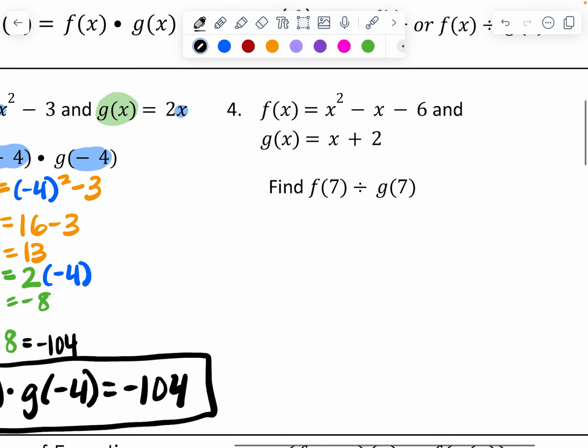Okay, number 4, f of x equals x squared minus x minus 6, and g of x equals x plus 2. Find f of 7 divided by g of 7.